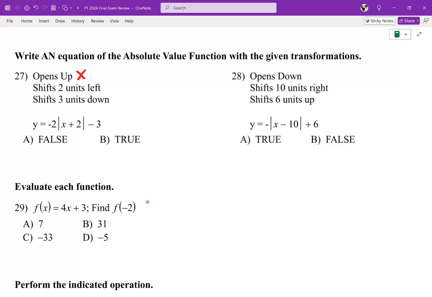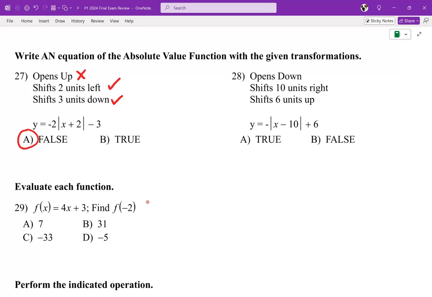It should be positive, plus. So that's correct. 3 units down: should that be a +3 or a -3 on the outside? That should be a -3. So that all checks out except for the opening up. So this is false. Why they made it false, true, true, false, I have no idea. But there you go.